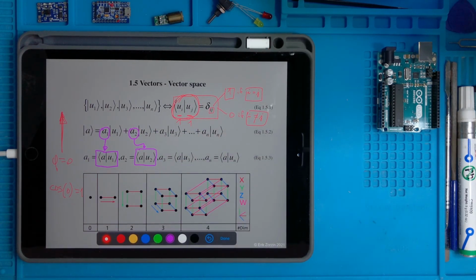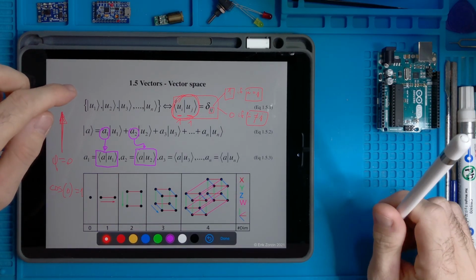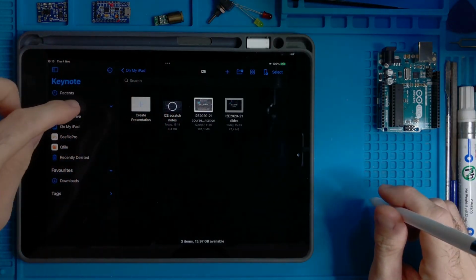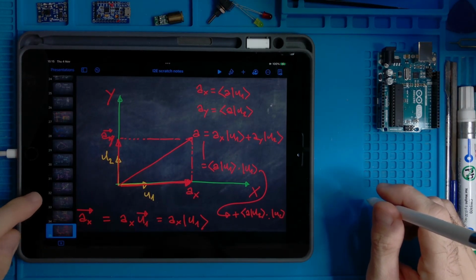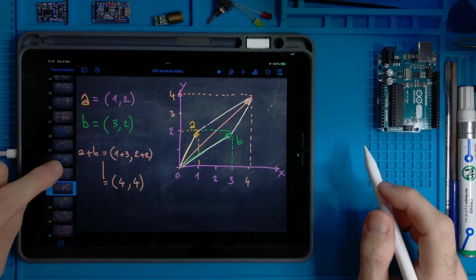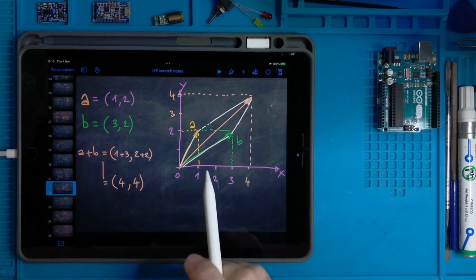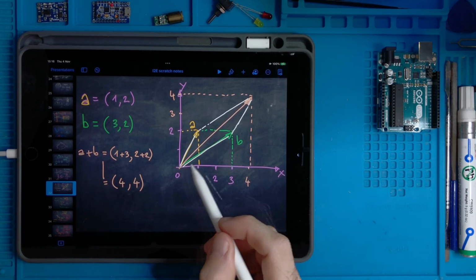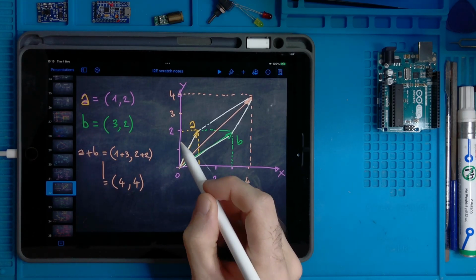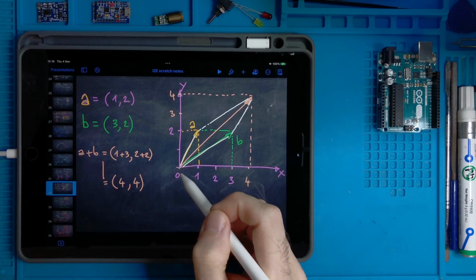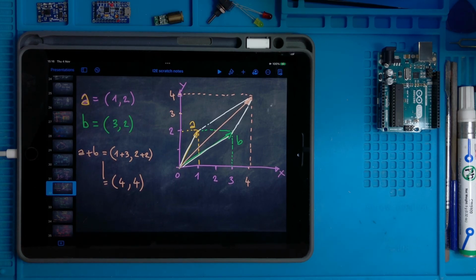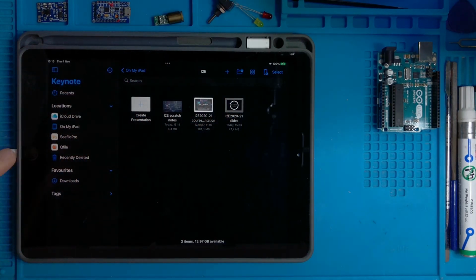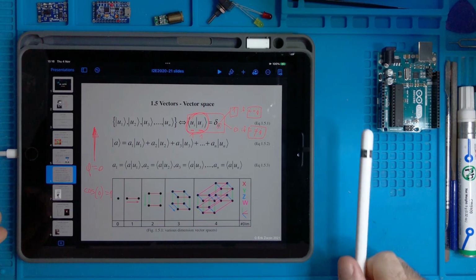If you do this graphical thing that we have done here, it's the same thing, but now we have specific vectors which are not any vectors, but vectors aligned along the axes, which are also called the versors, the ones that give the direction of the axis.